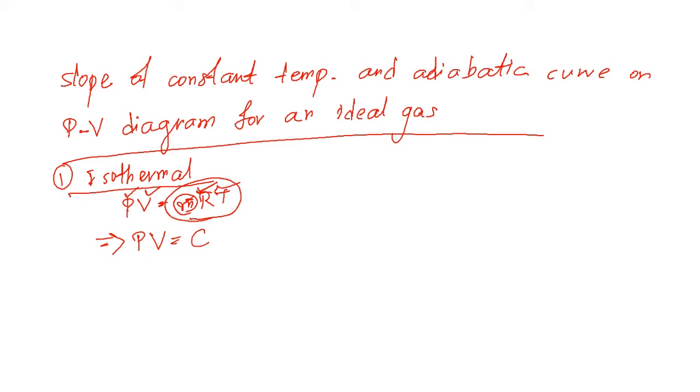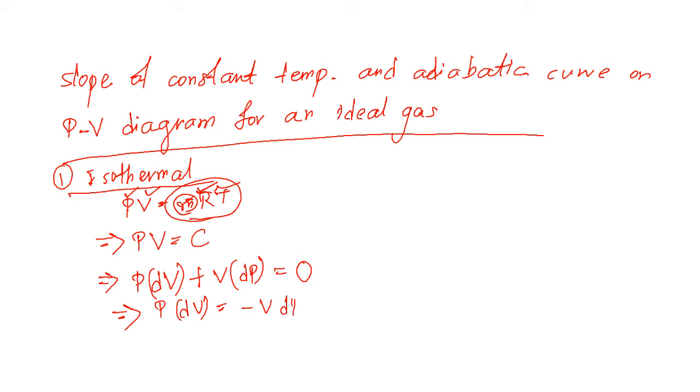When we differentiate it, what will we get? P dV plus V dP equal to 0, since differentiation of a constant equals 0, or P dV equal to minus V dP, or dP by dV equal to minus P by V. This is for isothermal.